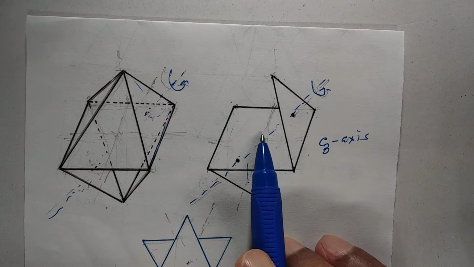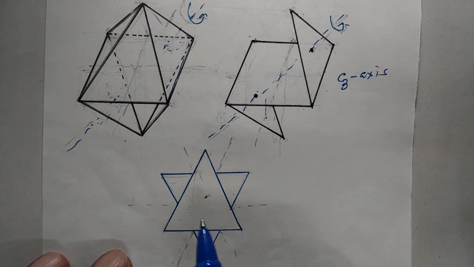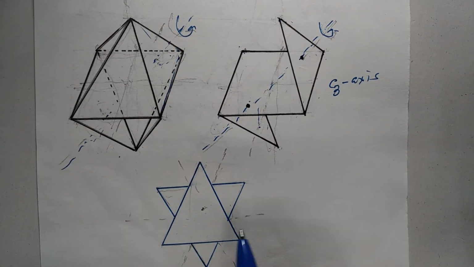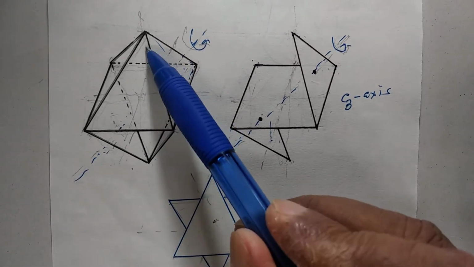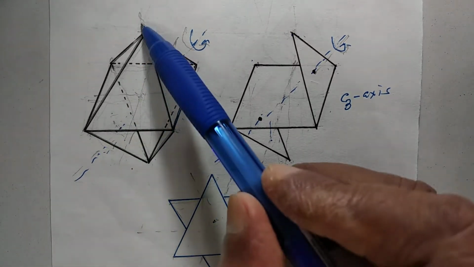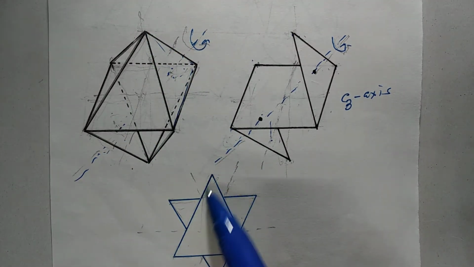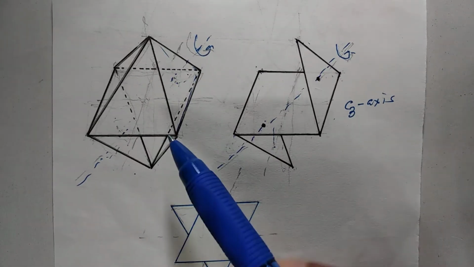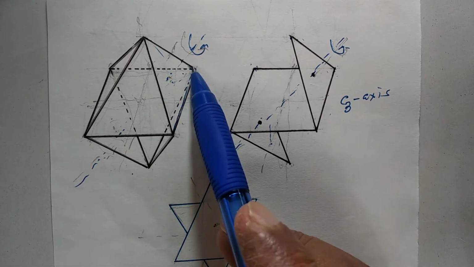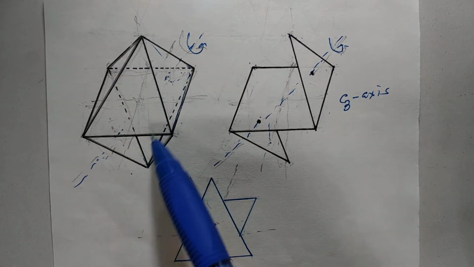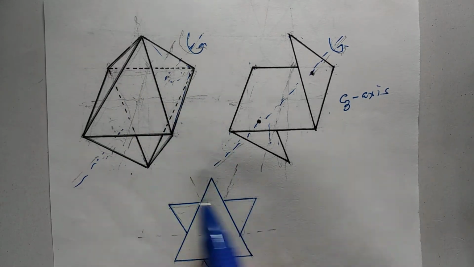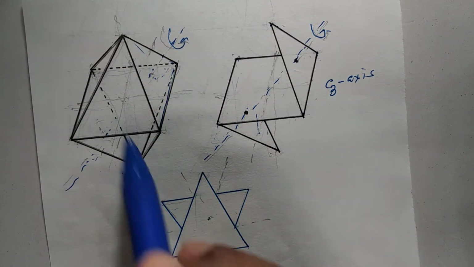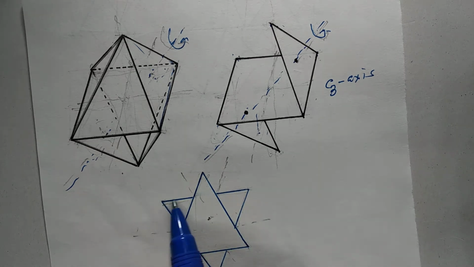And this figure is more conveniently drawn in this manner. If we take the front triangle in this way and the one opposite to it is staggered with respect to that, the opposite triangle here is drawn in this manner.